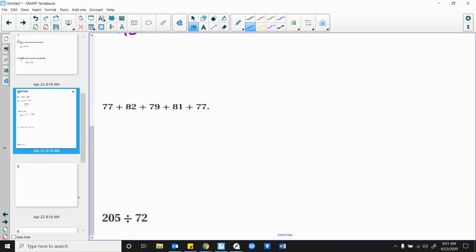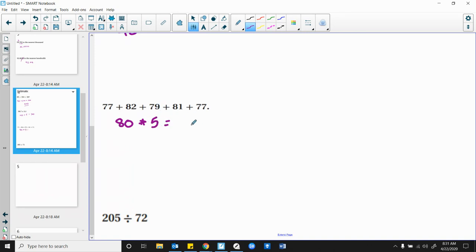Now, this one's a little bit different. If you notice here, all 5 of these are really close to 80. So a way that we can estimate this one is by taking all of them and rounding them to 80 and doing 1, 2, 3, 4. Since there's 5 of them, we do times 5.